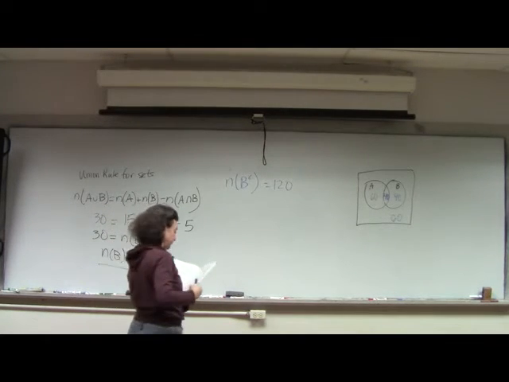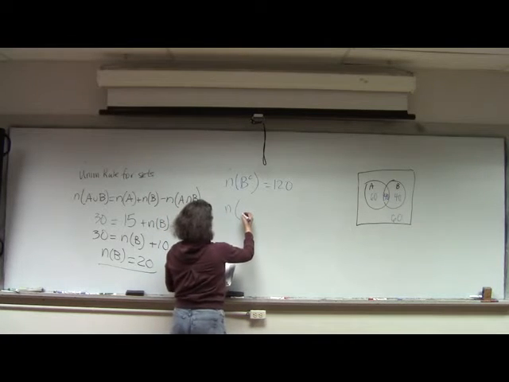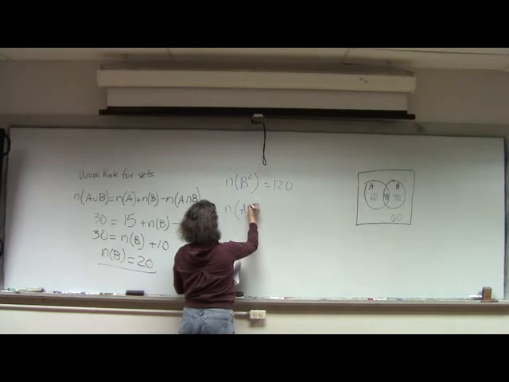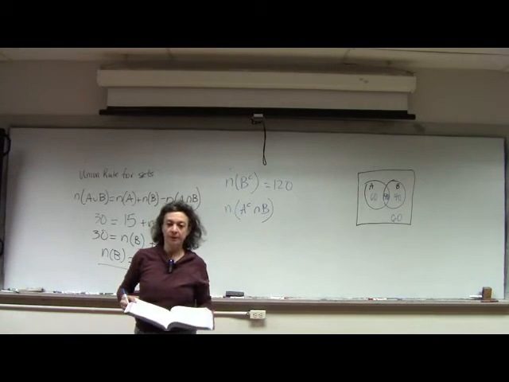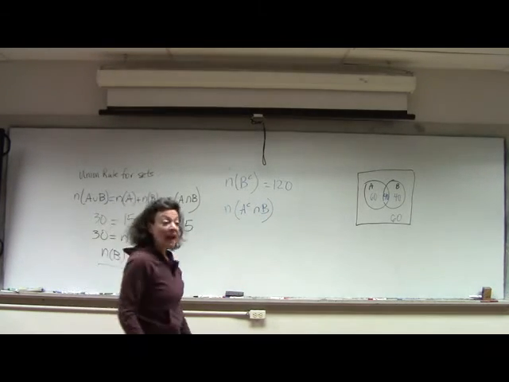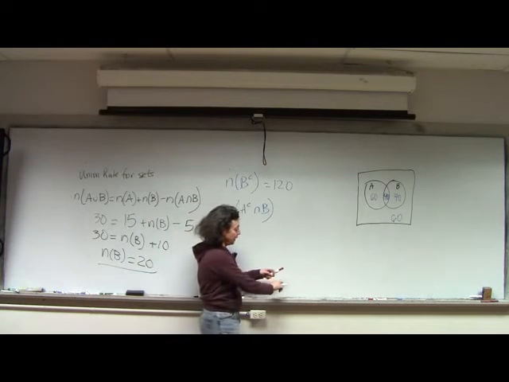All right. What if I want to find the number of elements in, how about A complement intersect B? Again, we need to ask ourselves what region we're talking about, okay?